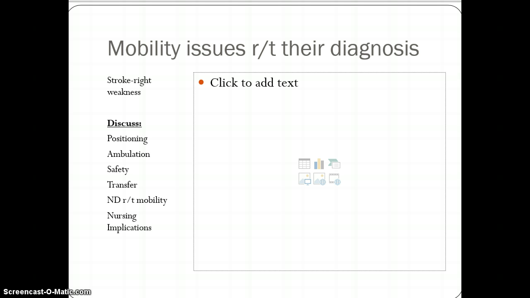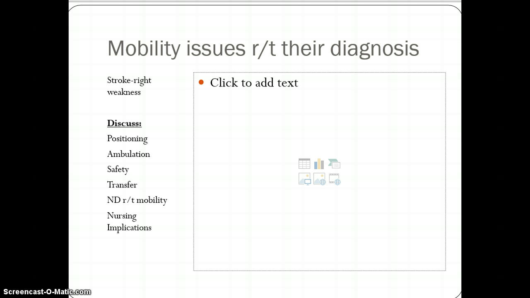Tipping or falling is a safety concern, because now that they've had a stroke and one side is weak, they're going to be leaning. Their center of balance or center of gravity is now off. We're going to always use a gait belt, walkers, supportive shoes, and only ambulate patients when they're well rested and ready to help you so that they don't get very weak and get depressed because they can't even make it out to the hallway.